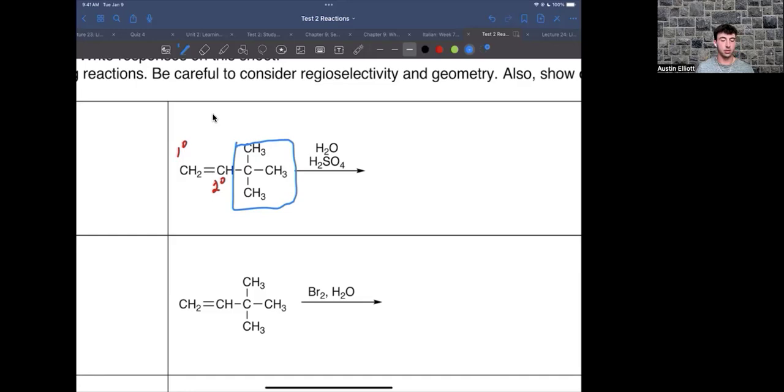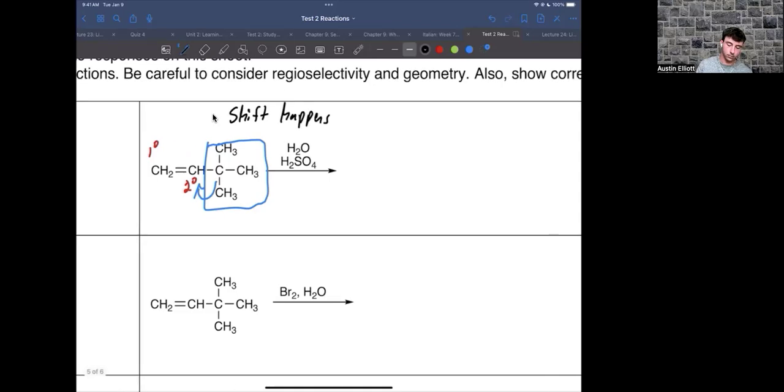So in this case, since it's full of methyl groups, one of the methyl groups is actually going to jump over, like this one might go over to right there, and allow us to add to the more substituted carbon. So our final products here, since we have a carbocation shift, so the shift happens, if we had not shifted it would be CH3, CH plus, and C like that.